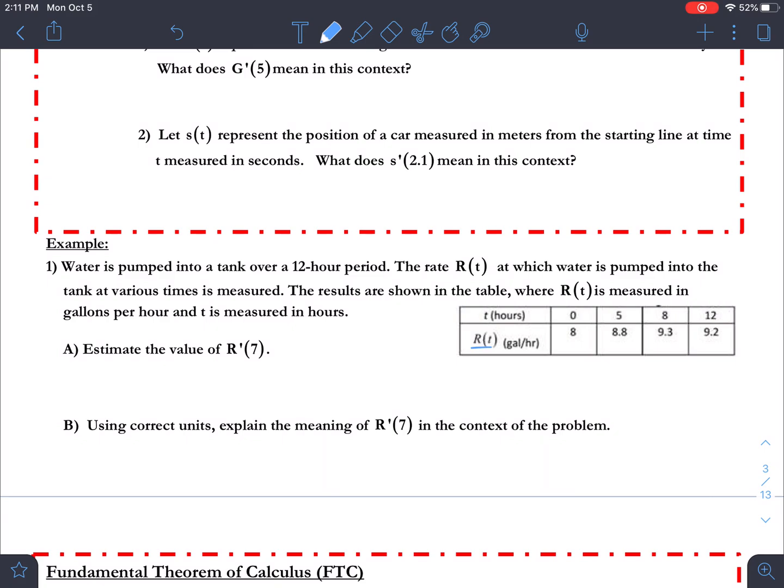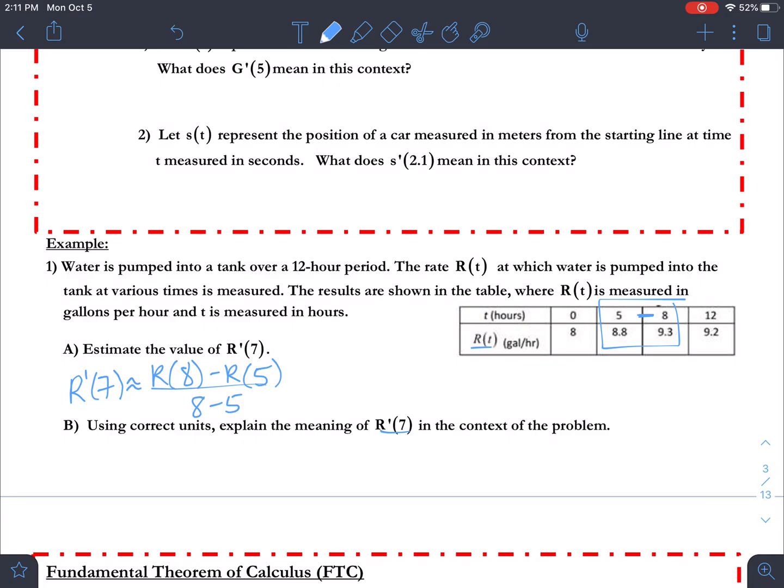So this is where that average rate of change is going to come in. Okay, R prime of 7, we're going to talk about the meaning of it in a second, but for now, let's just practice estimating here. So you'll notice 7's between 5 and 8, so we're going to use these two table values here. So R prime of 7 is approximately R of 8 minus R of 5 divided by 8 minus 5, that average rate of change between 8 and 5.